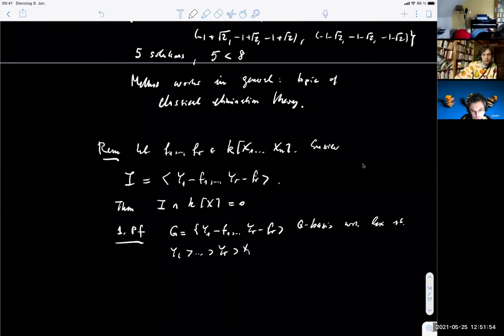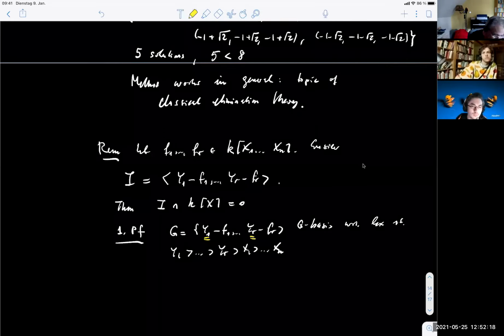Then the y's are the leading terms. They are pairwise coprime, and then we can apply this Buchberger criterion. We see it's a Gröbner basis. We had it already.